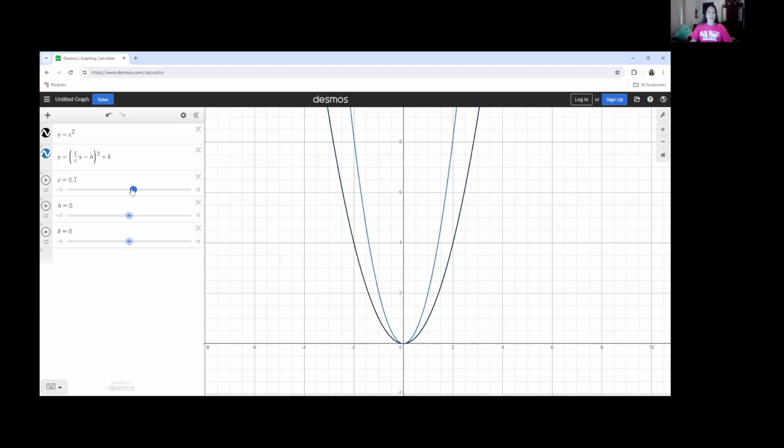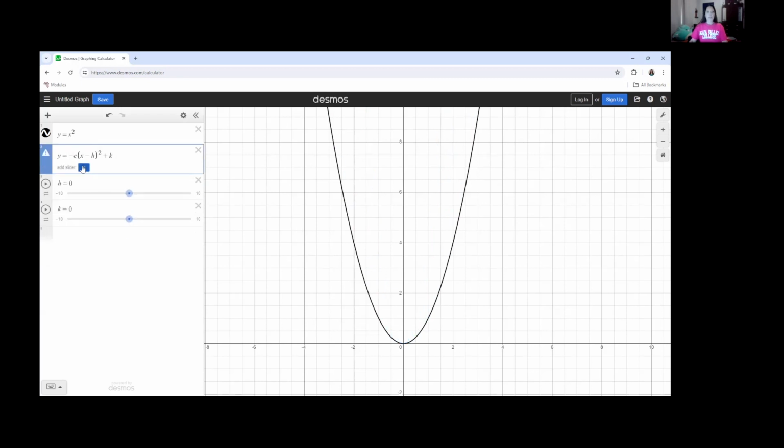Going back to a standard c, putting a negative c on the outside reflected the graph vertically over the x-axis. And when I put a negative c on the inside here, can't see it because a parabola is the same when you reflect it horizontally over the y-axis.